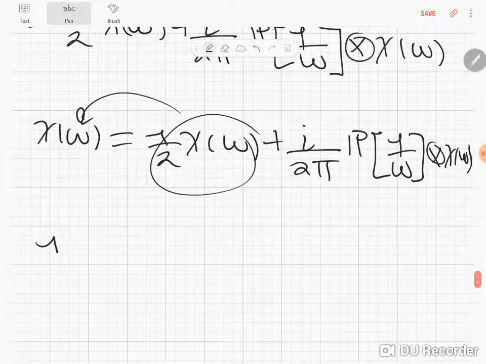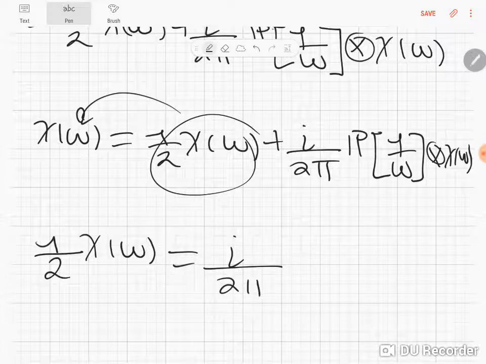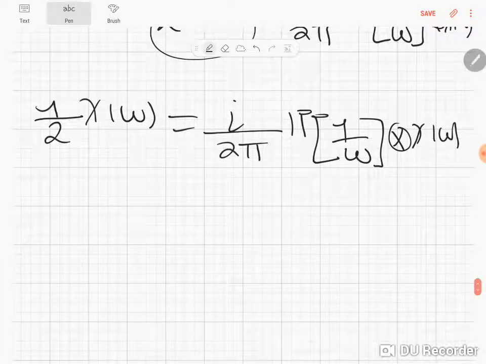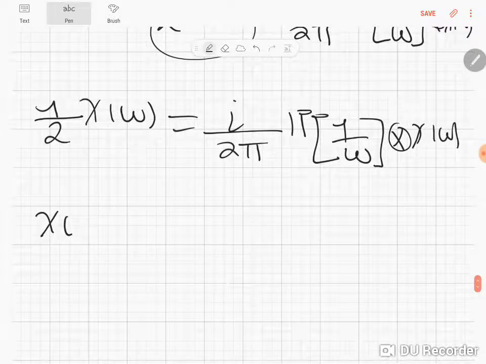We get 1 half chi of omega is equal to i divided by 2 pi, the principal value of 1 over omega, convolution with chi of omega. What this gives is that chi of omega is then i divided by pi.